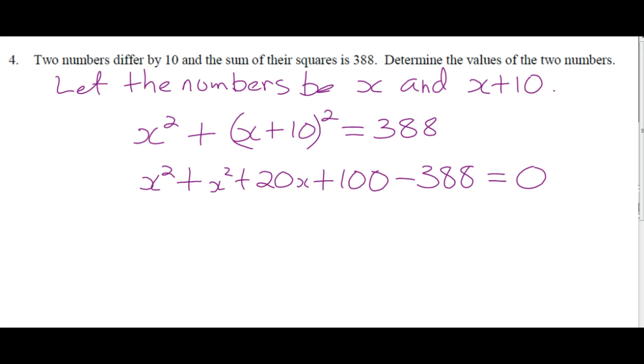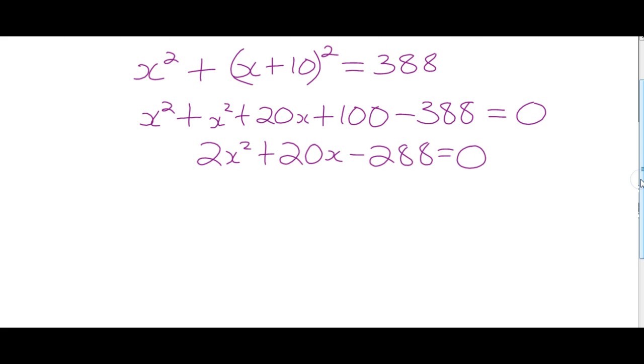So I got 2x squared. Because I know how to square x plus 10 in my head, which hopefully I did right, or I'm just going to come off sounding like an idiot.